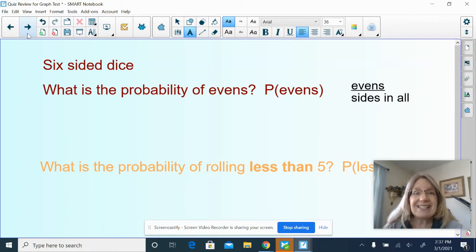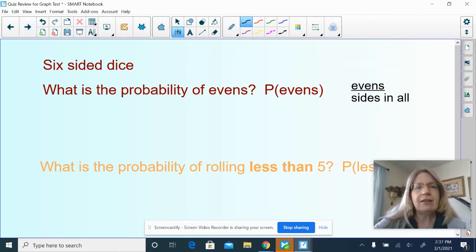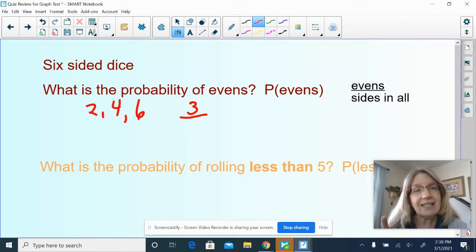You have a six-sided dice or number cube, your book will call it. What's the probability of getting evens? So think to yourself, evens on a dice would be 2, 4, or 6. So it looks like I have 3 chances of rolling an even out of 6 sides in all.